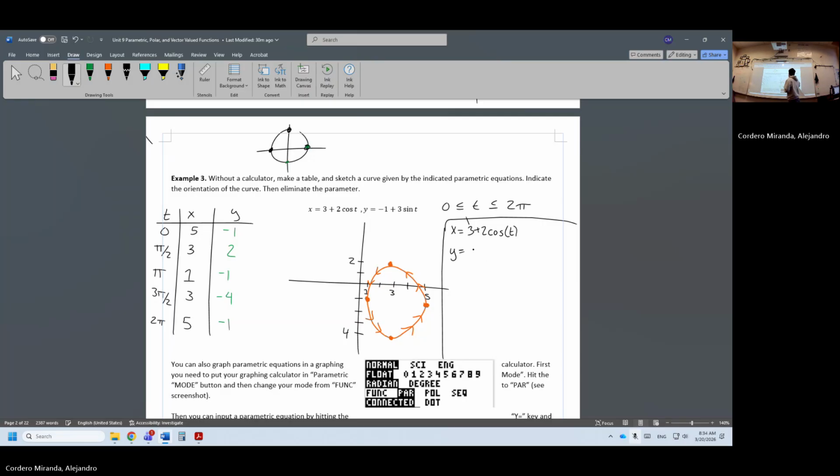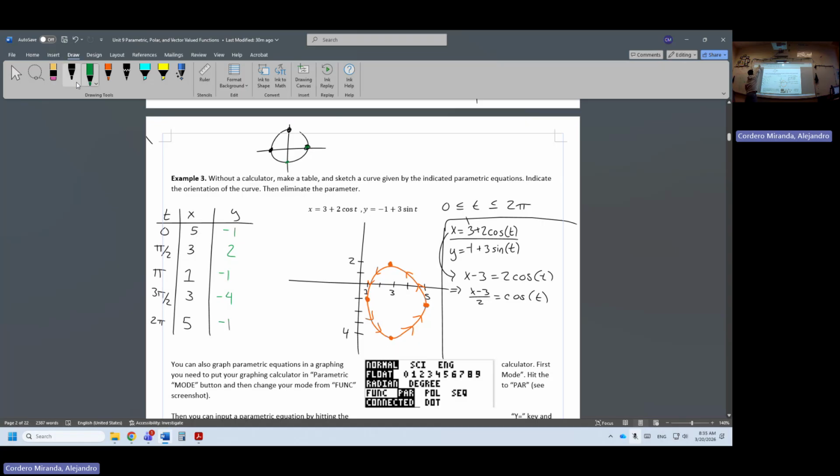There's my x. Here's my y. What you can do is take advantage of the trig identities that you learned last year in pre-calculus and only solve for cosine and sine. I'm going to make this not say t equals whatever, but cosine of t equals whatever. So here is this one in black. That would be x minus 3 equals 2 cosine of t, which means that (x minus 3) over 2 equals cosine of t, and stop there.